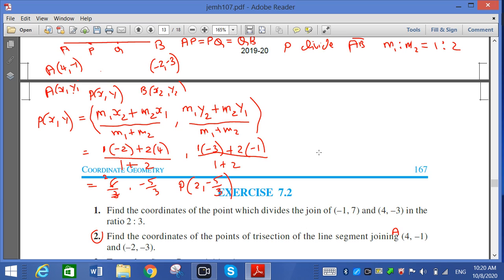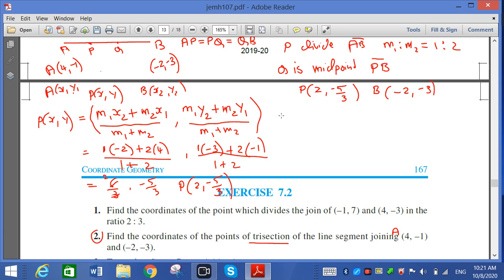Now we go on, because we have to find the trisection. So we have to find out the coordinate of Q also. Now Q is the midpoint of PB. So I write the coordinate of P, that is 2 comma minus 5 by 3, and the coordinate of B, that is minus 2 comma minus 3.